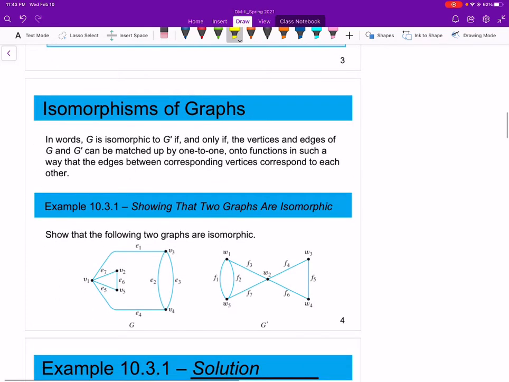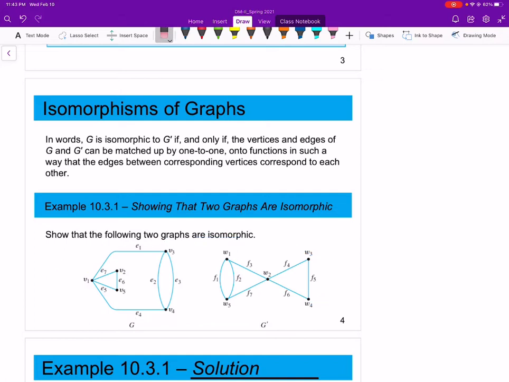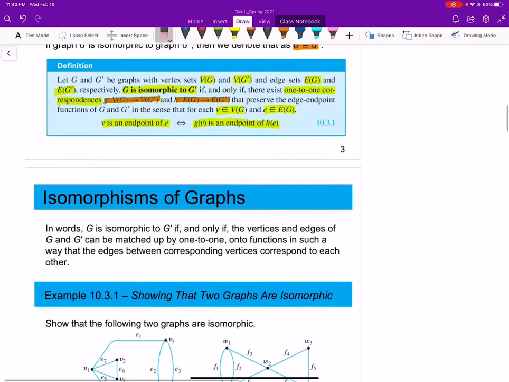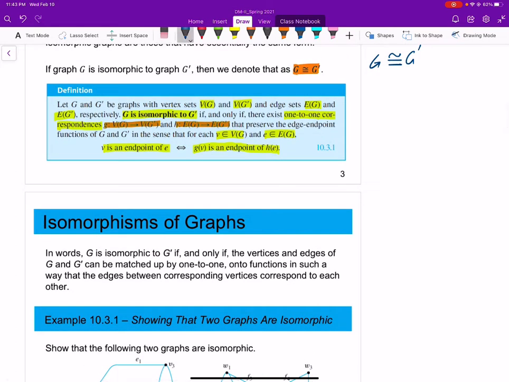So we have this example that we're going to discuss very soon. I will explain this part a little bit.